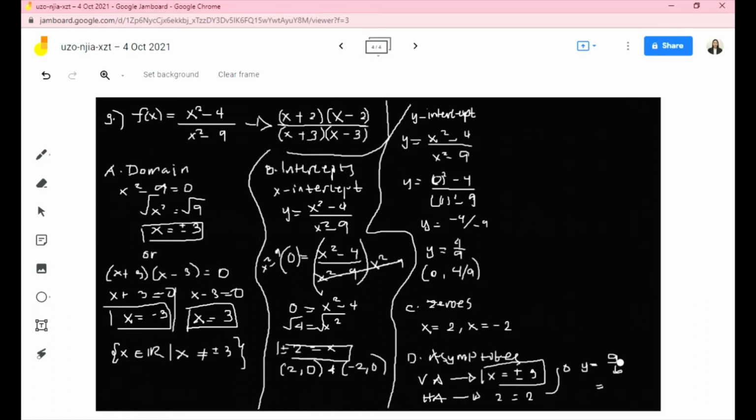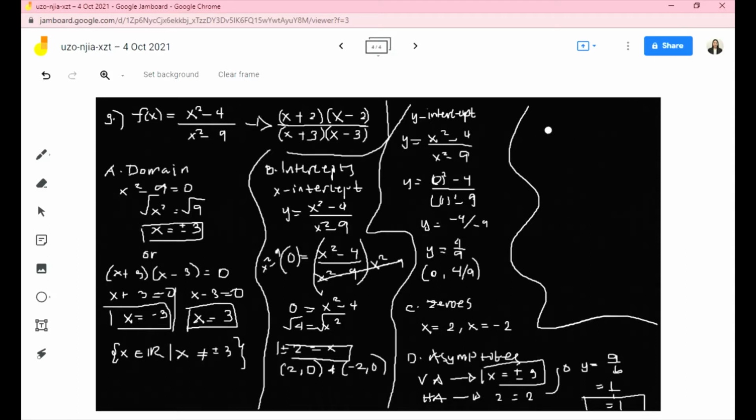Our a here is the leading coefficient of the numerator, which is 1, and our b is the leading coefficient of the denominator, which is 1 as well. This gives us that the horizontal asymptote for this function is positive 1.